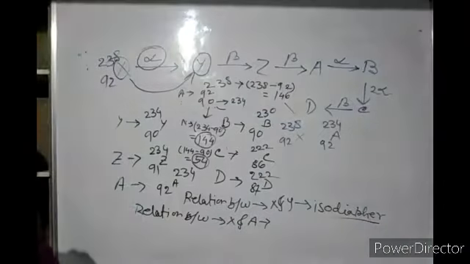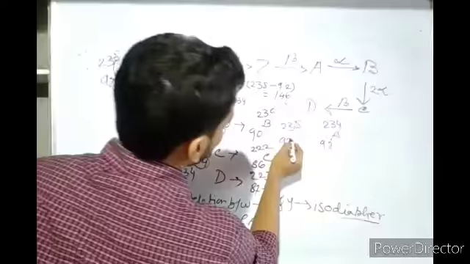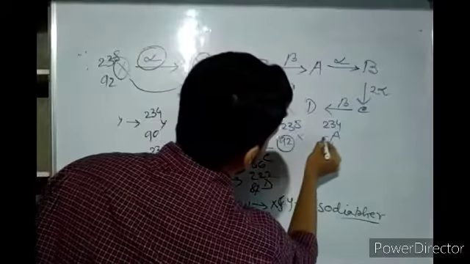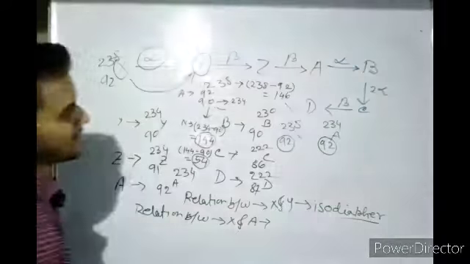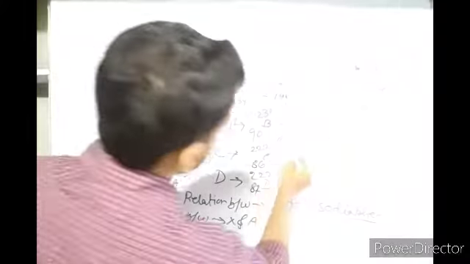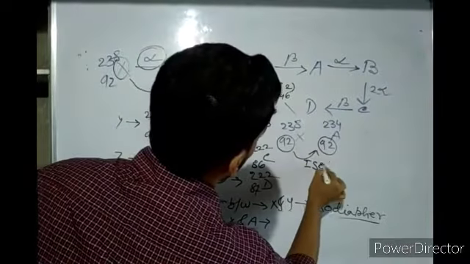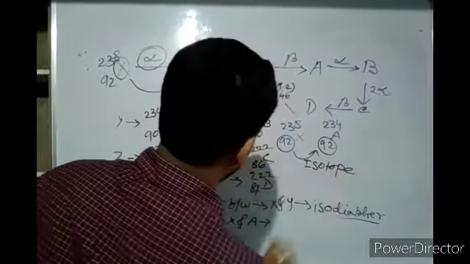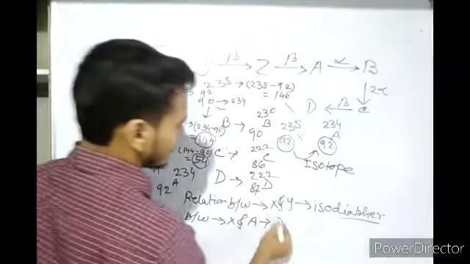Here in the relation between X and A, the proton number is the same. So these are isotopes of each other. The relation between X and A is isotope.